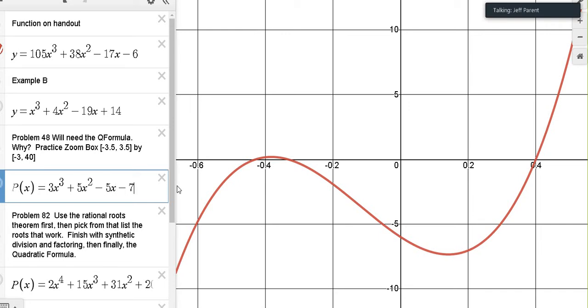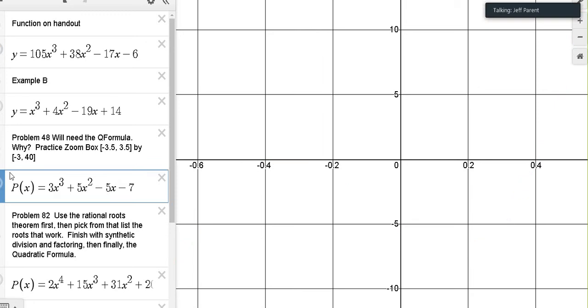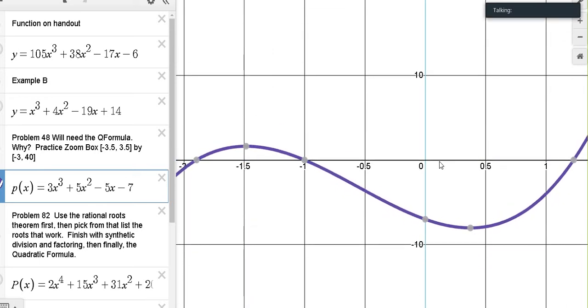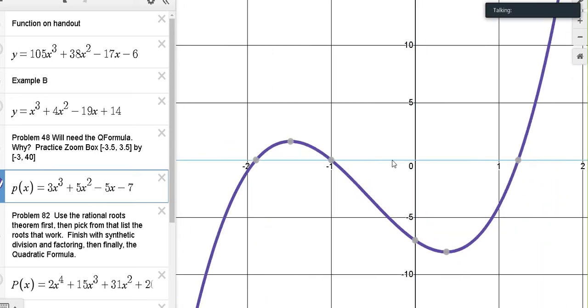If not, we might have to take a moment, do the rational root theorem. I'll make that a small p, and there. There we go. So here, we got lucky.